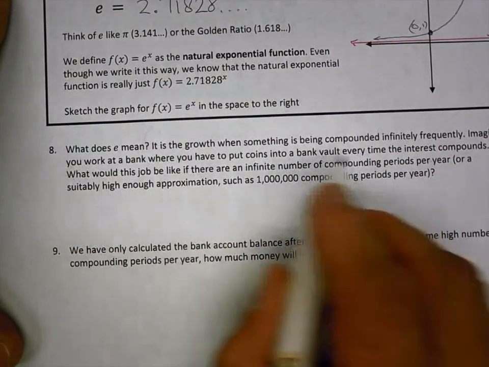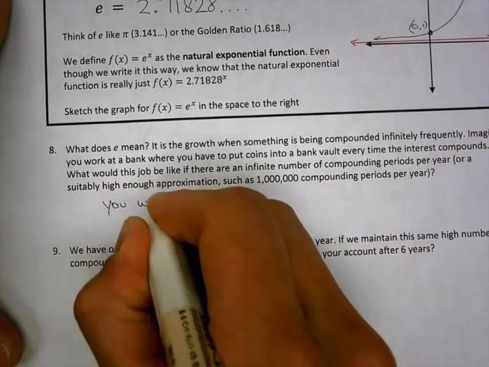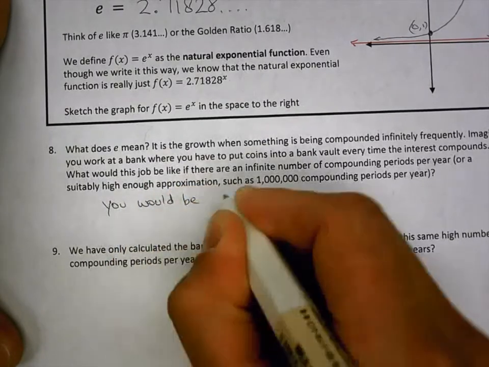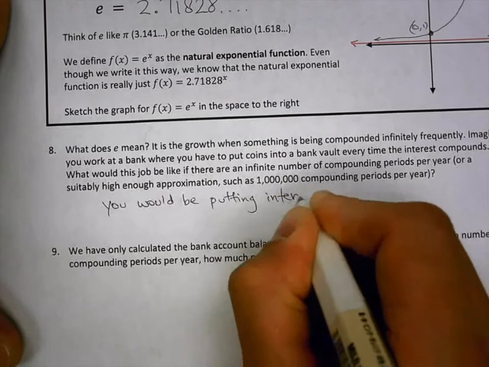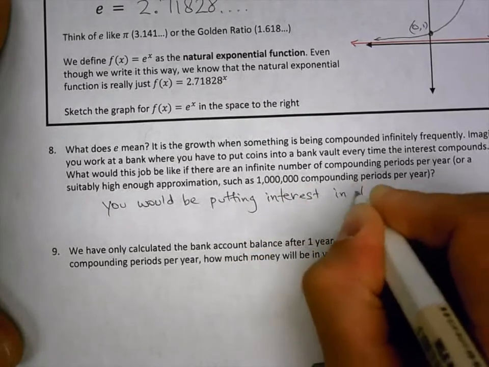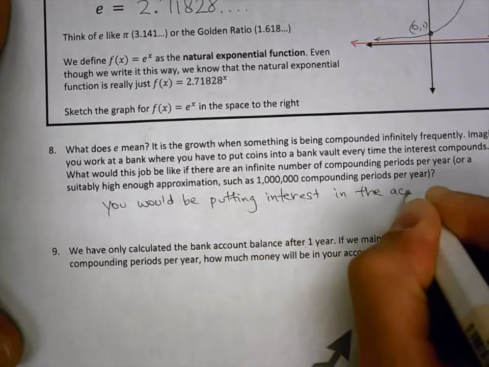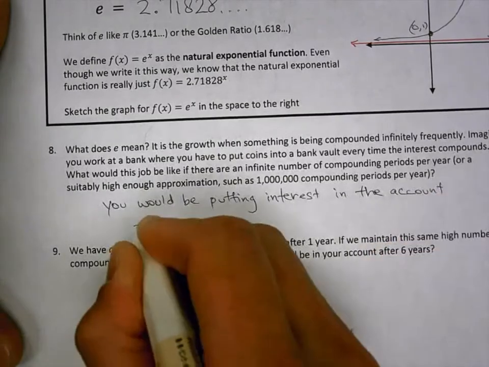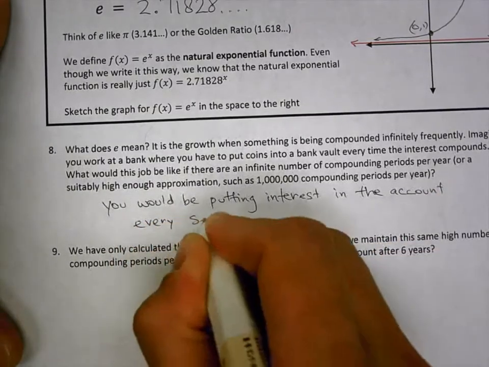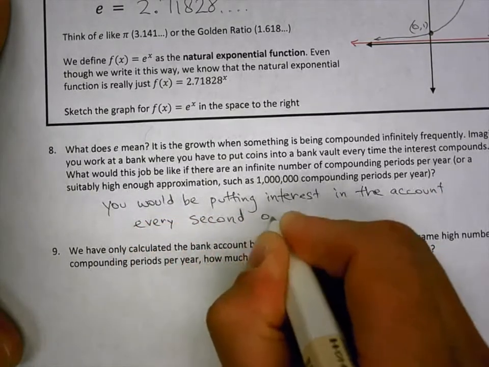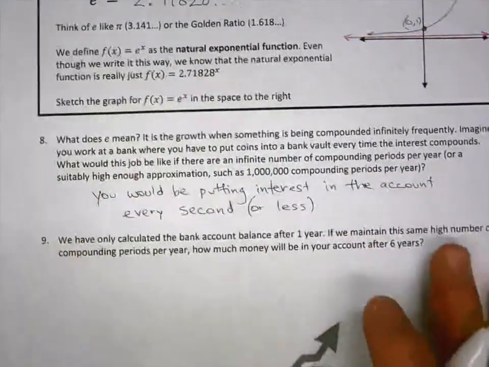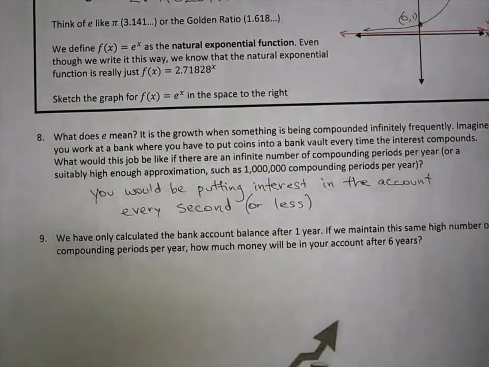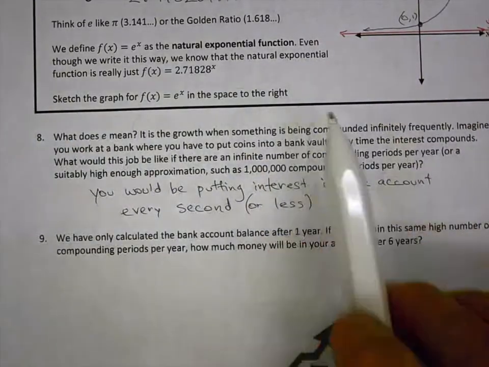So you would be putting interest in the account every second or less. I know it's a very abstract idea. This is the best explanation of this number.